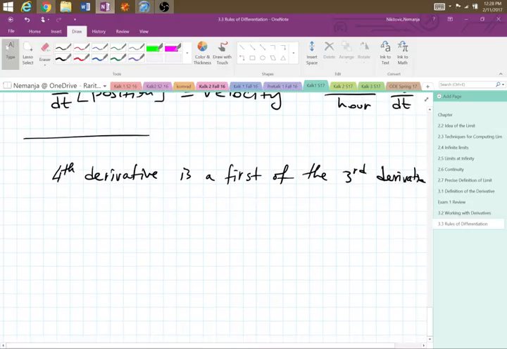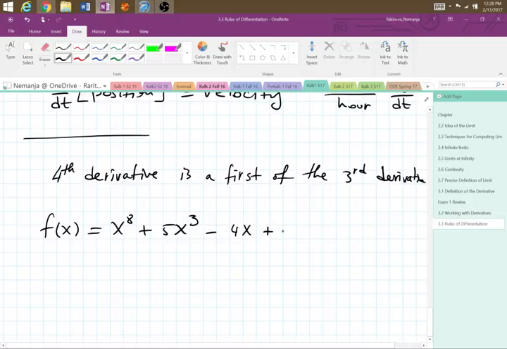So let's take a look at, say, function is given as x to the 8 plus 5x to the 3rd minus 4x plus 9. And let's take all of the derivatives until we hit 0.